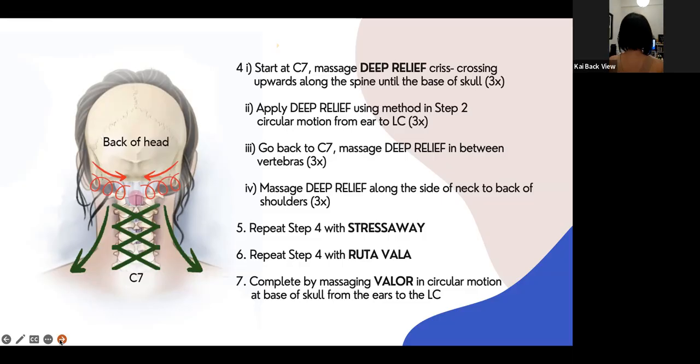In the slides, the dark green arrows show the areas beside the spine, and the 2 arrows coming down show the other areas. I'm going to apply my deep relief, beside my spine, all the way down to the C7 area and by the side.